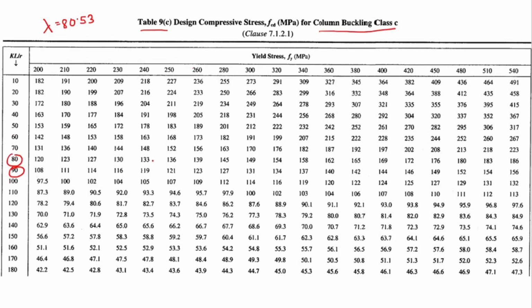For yield stress 250, the value of fcd for slenderness ratio 80 is 136 and for 90 it is 121.